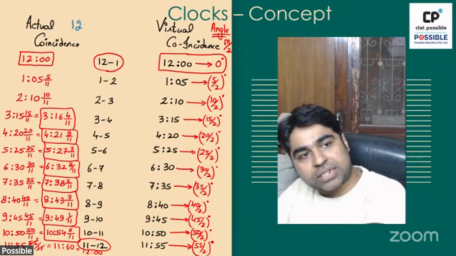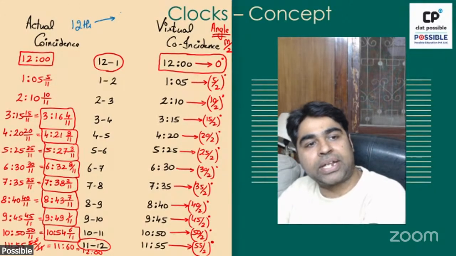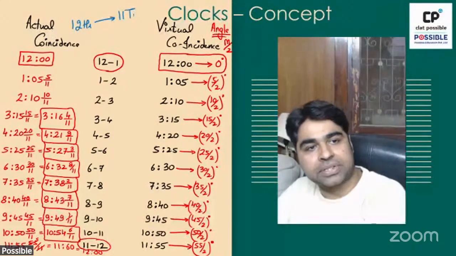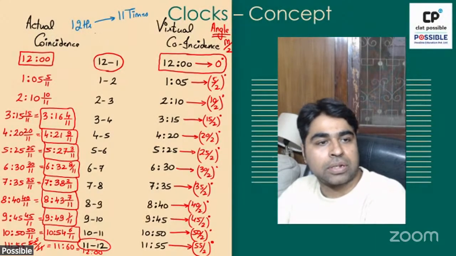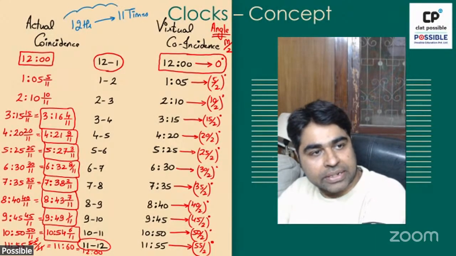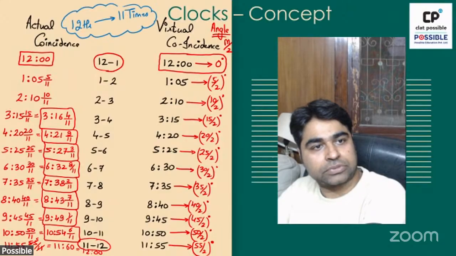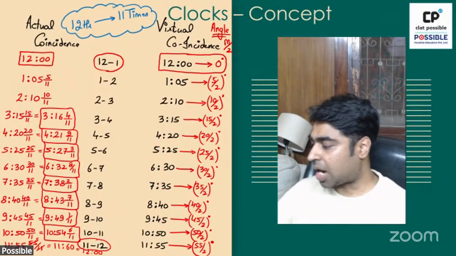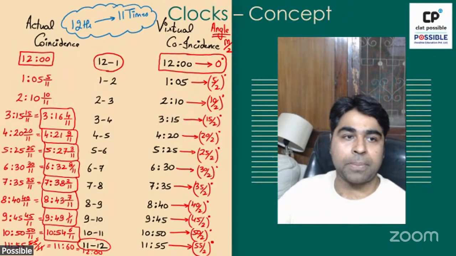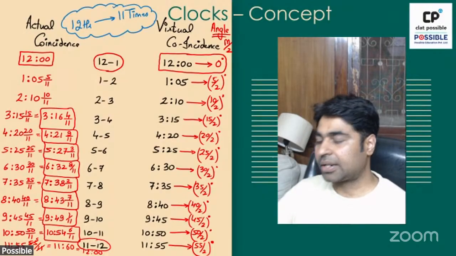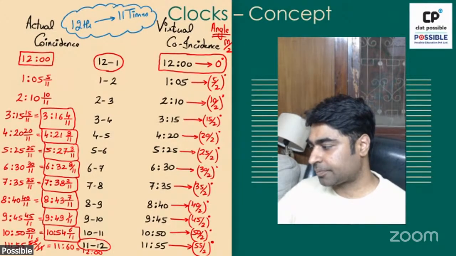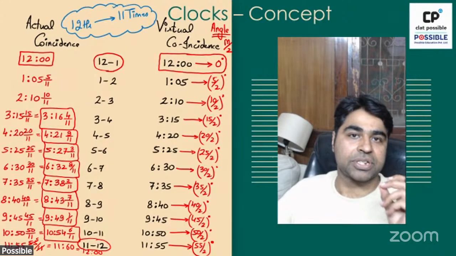Within 12 hours there are only 11 times that the two hands coincide. In every 12 hours, 11 times the two hands coincide.